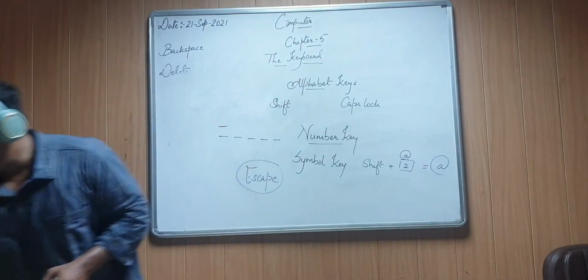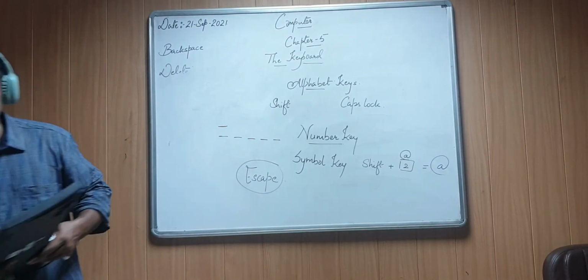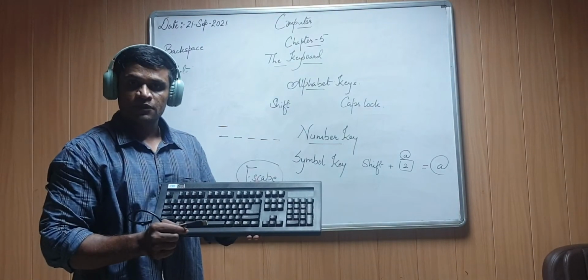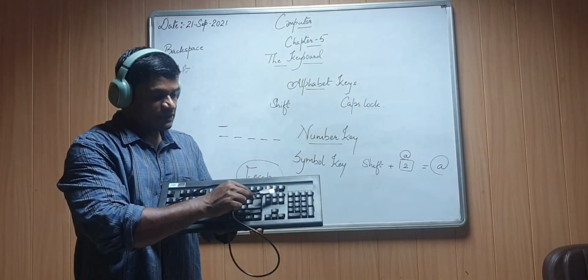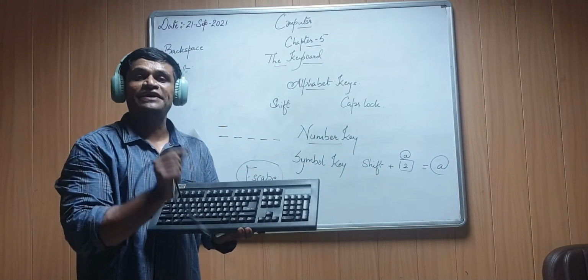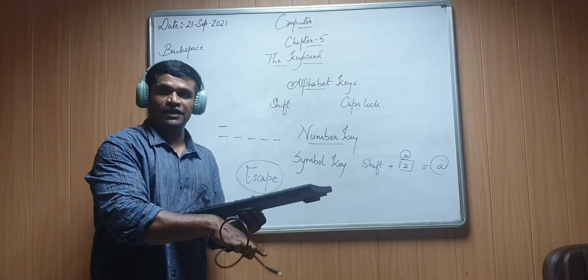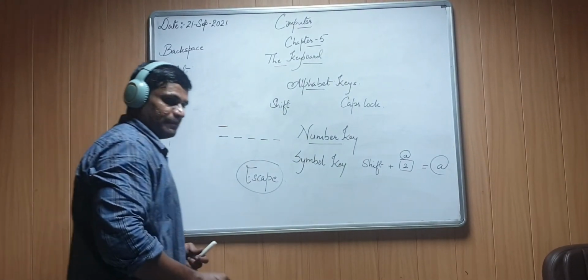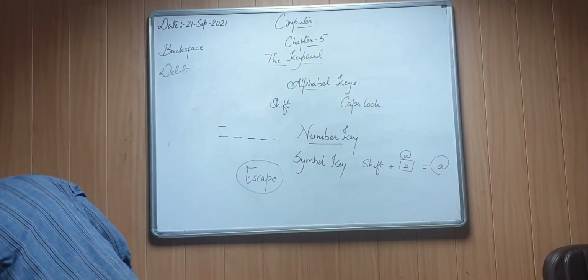After that we have navigation keys. Navigation means to move. So these keys, like the arrow keys, home, insert, page up and page down, are used to navigate in your document. आपके document में एक place से दूसरी place या एक point से दूसरे point में जाने में help करता है navigation key.